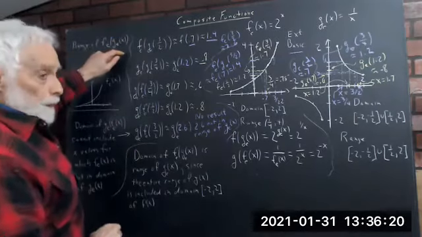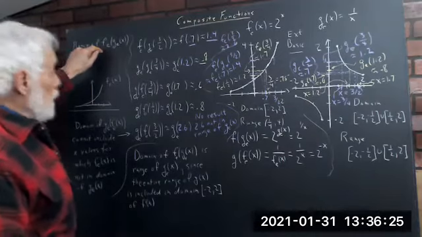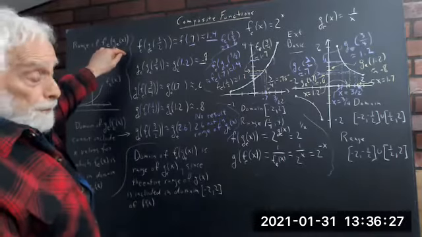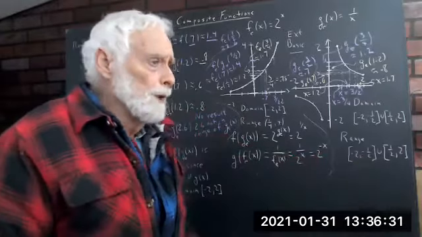The composite f_E of g_E of x. The only numbers that can go into f_E are numbers that come out of g_E. And the only numbers that come out of g_E are the numbers in the range.